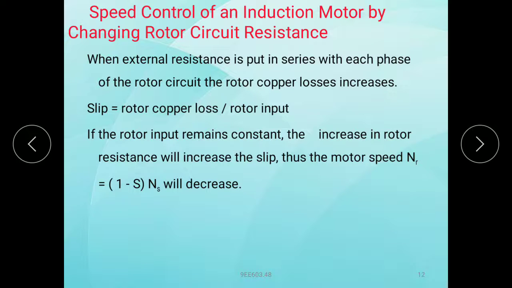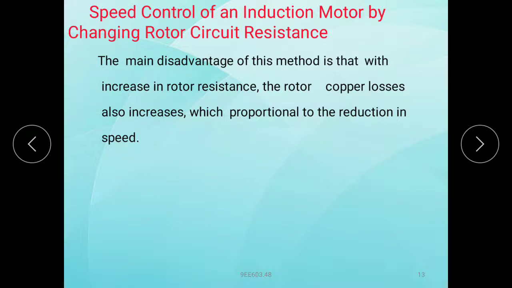If the rotor input remains constant, the increase in rotor resistance will increase the slip. Thus, the motor speed Nr, equal to (1 minus S) into Ns, will decrease. So the speed of the motor will decrease automatically, and only speeds below normal can be obtained.